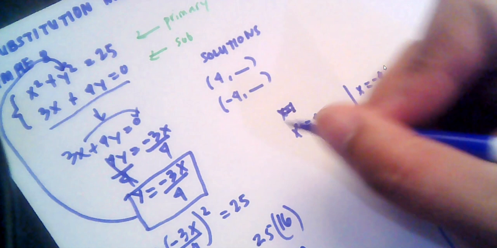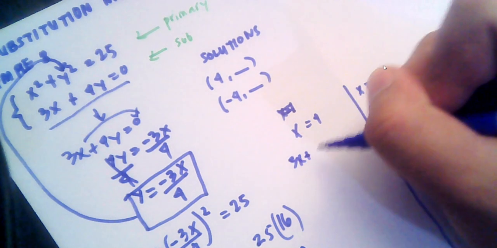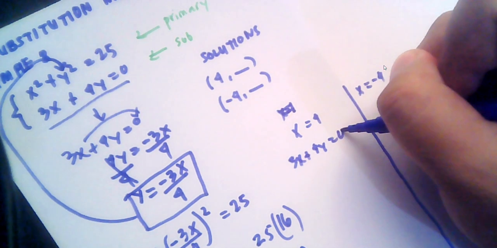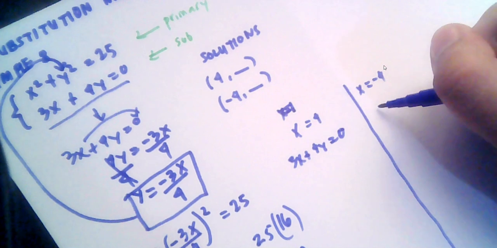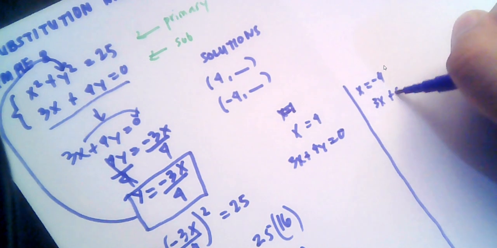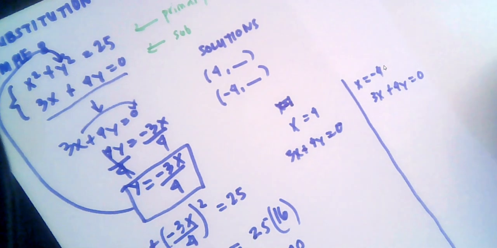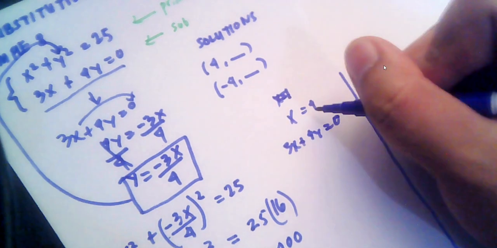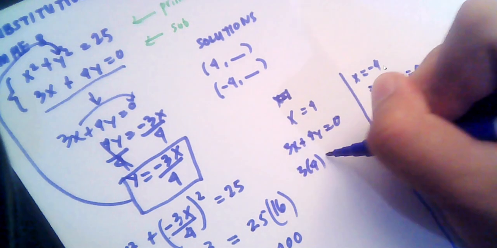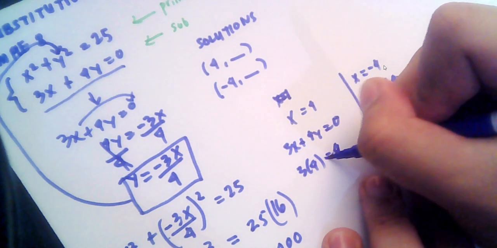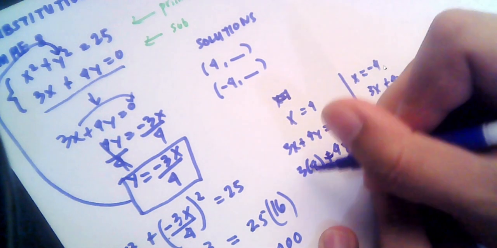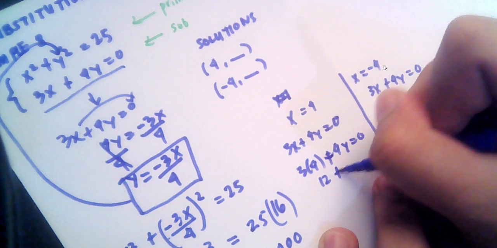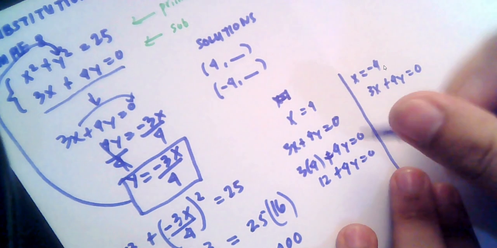Just this one, 3x plus 4y is equal to 0. The other one, same, just to make it uniform. So our x is 4, 3 times 4 plus 4y is equal to 0. 3 times 4, 12, plus 4y is equal to 0.